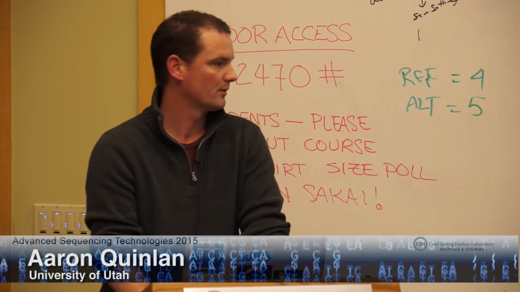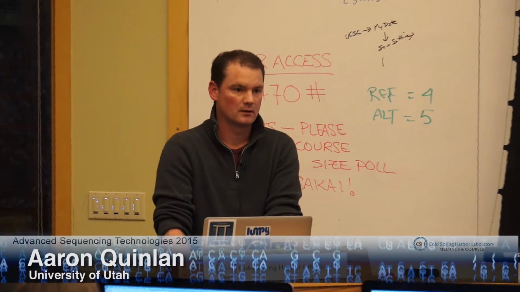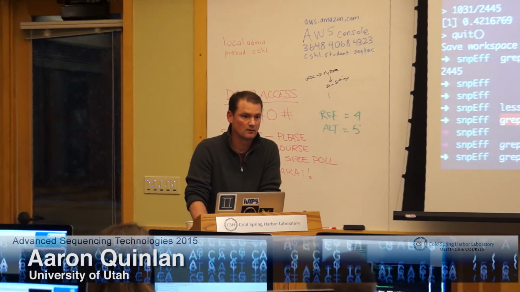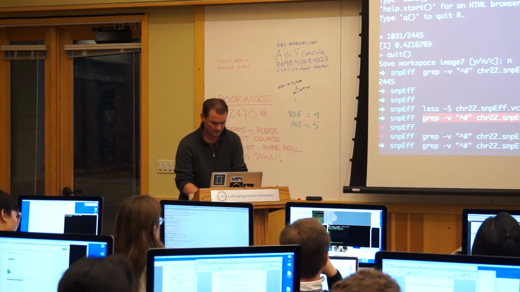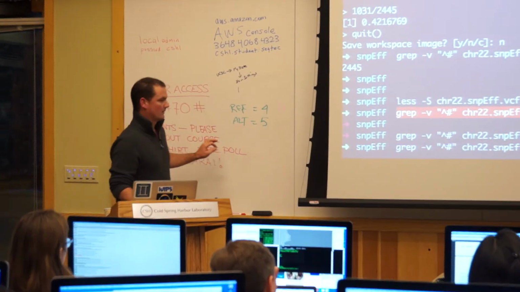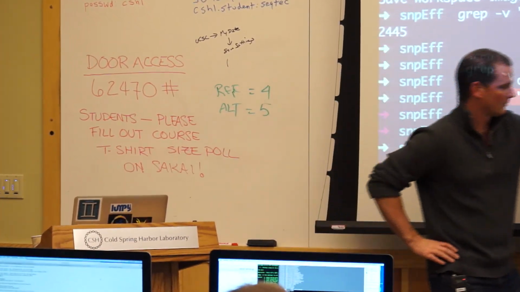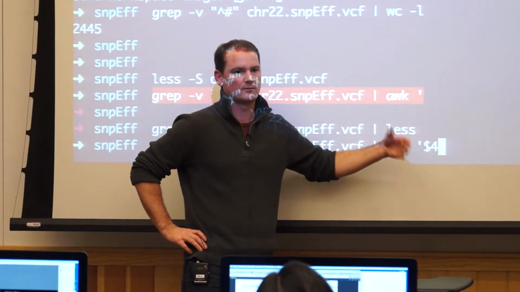What's the first rule we want to apply? The length of the reference allele? Yep, okay, let's do that. So we say $4. That's the way we say the 4th column: you have to give it the $ sign to know you're talking about the 4th column, not the number 4.